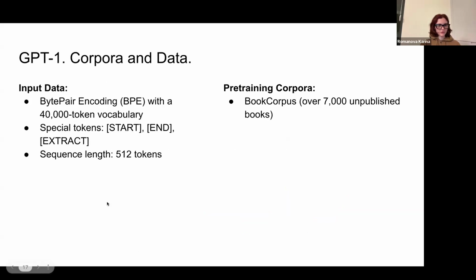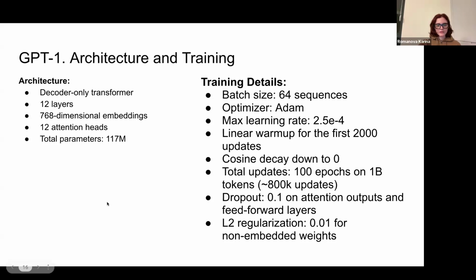Let's go to the previous slides and speak about GPT-1 in detail. GPT-1 has 12 layers with 12 attention heads per layer and was trained on massive unlabeled datasets. It uses byte pair encoding for tokenization and handles sequences of up to 512 tokens.